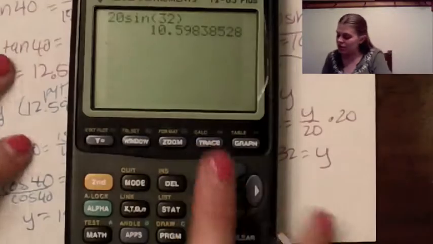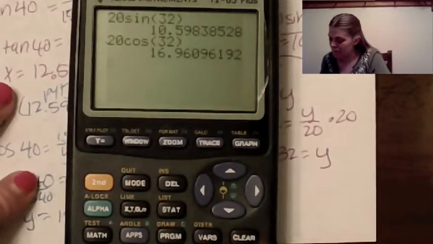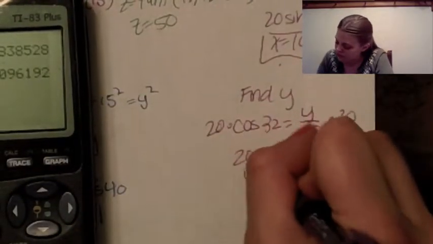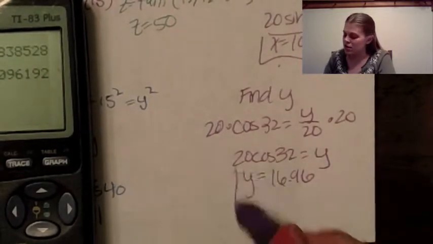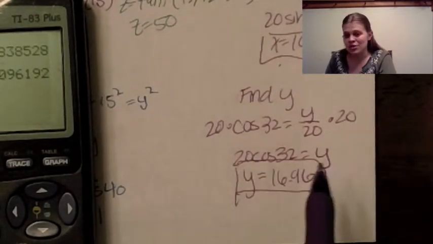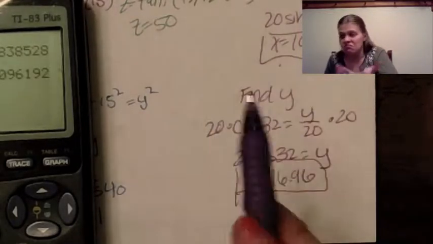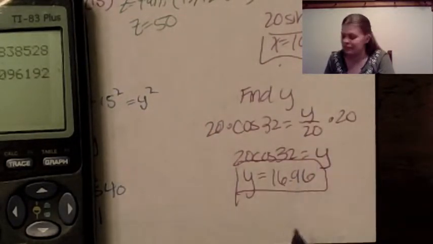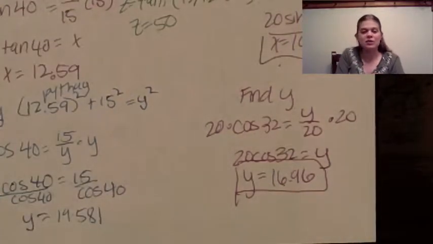I use my calculator. 20 cosine 32 gives me 16.96. Now I could have used the Pythagorean Theorem to get this as well. It's probably six of one, half a dozen of the other as to which one is more lengthy. So, your choice. But that's how you find all the missing parts of a triangle.